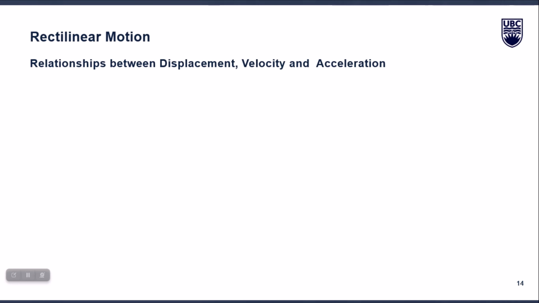One quick thing, and that is about the relationship between displacement, velocity and acceleration. We know that velocity is the derivative of displacement and then acceleration is the derivative of velocity. So there must exist a relationship to convert one into the other two, right?